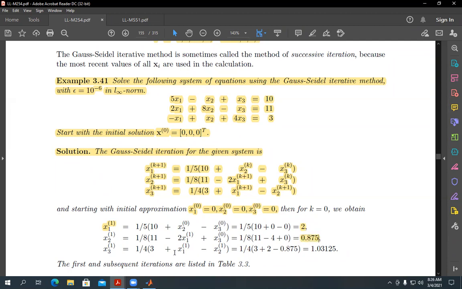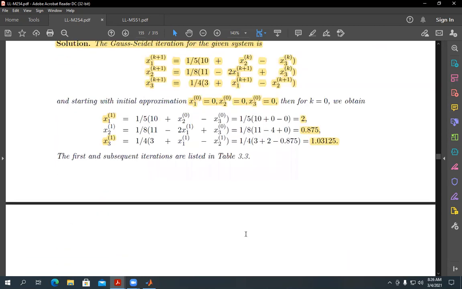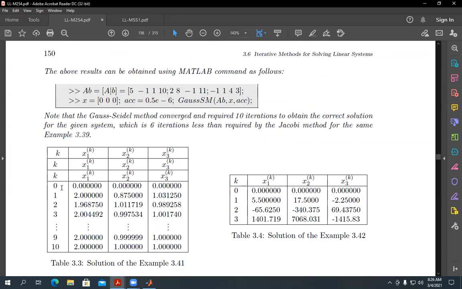this one, and we have to find x3. When we find x3, we have to use the new values of x1 and x2, which we use here. And this is 1 by 4, 3. The new value of x1 is 2, and the new value of x2 is 0.875. And that's the new first approximation by Gauss-Seidel. And we continue with the same accuracy check here.